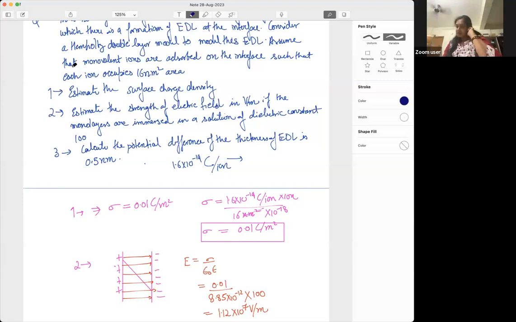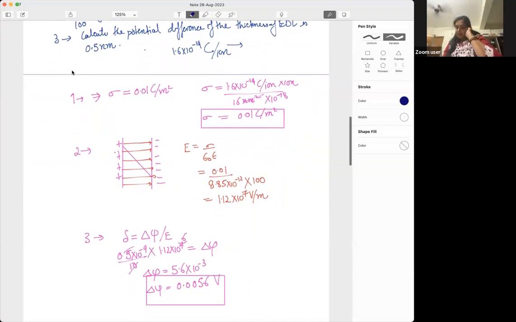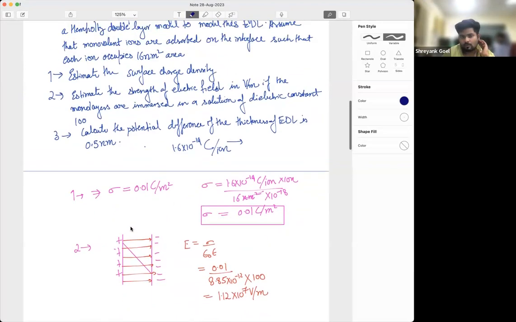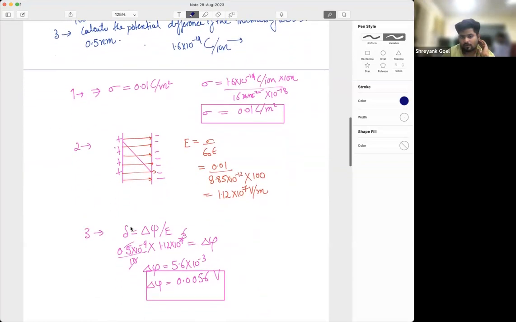So the third answer will be 5.6 into 10 raised to minus 2. It should be minus 3. Yeah, it should be minus 3.